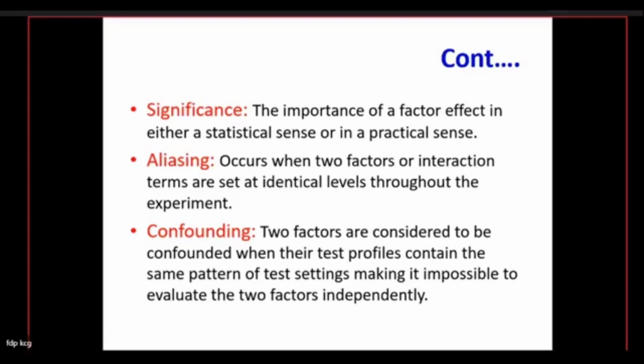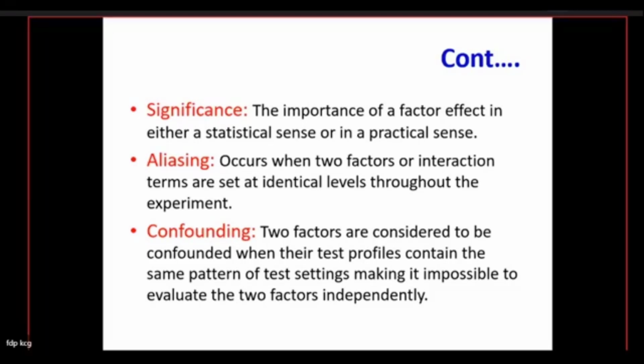Experiments are considered confounded when their test profiles contain the same pattern of test settings, making it impossible to evaluate the 2 factors independently. When you cannot find whether an effect is due to A or B, or how much is due to A and how much to B, we say it is due to confounding effects.